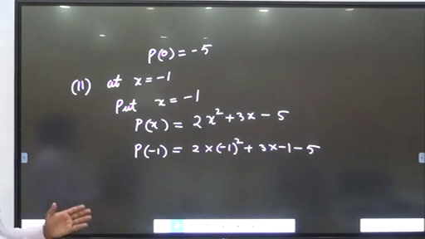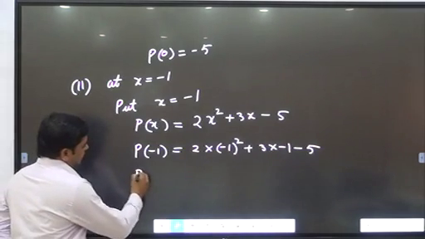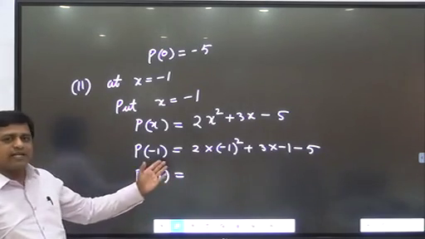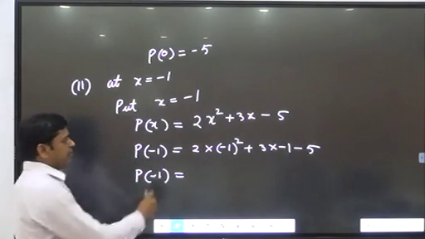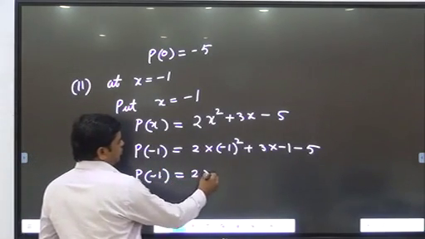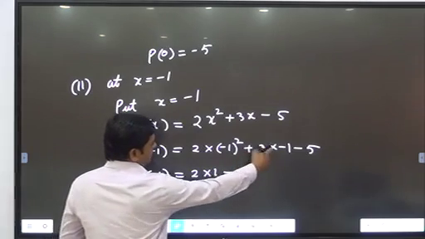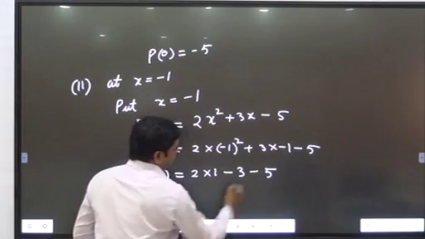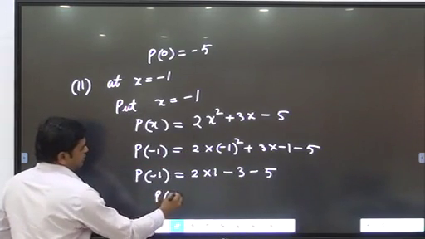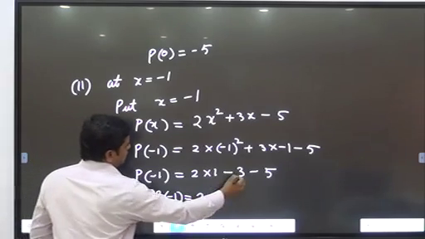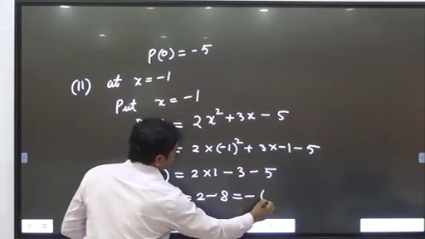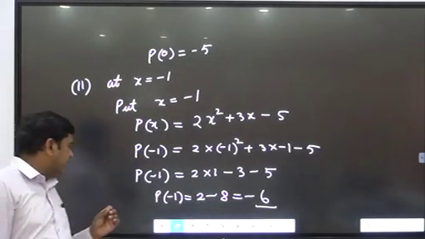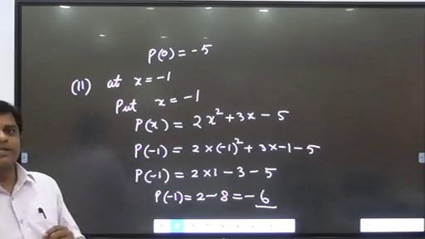What is the square of minus 1? Minus 1 square equals 1. So 2 into 1, 3 into minus 1 is minus 3, and minus 5. So P(minus 1) equals 2 minus 8, which is minus 6.